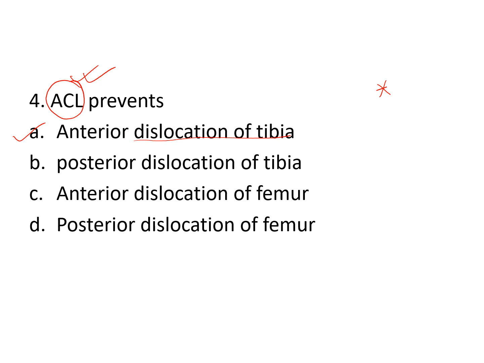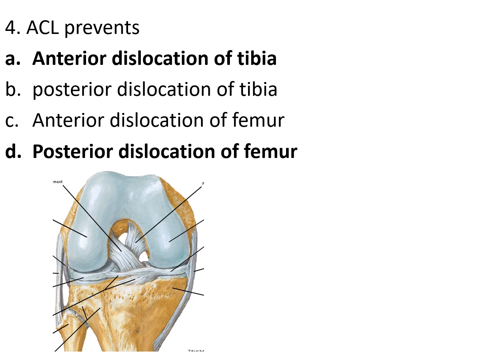And since this ligament is attached to the posterior end of the lateral condyle of the femur, it also prevents posterior dislocation of the femur. So in this slide you can see ACL prevents anterior dislocation of tibia during extension because it is attached to the anterior aspect of the tibia, and because it is attached to the posterior end of the lateral condyle of the femur, it also prevents posterior dislocation of the femur.